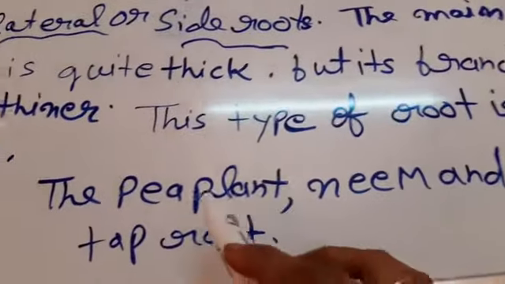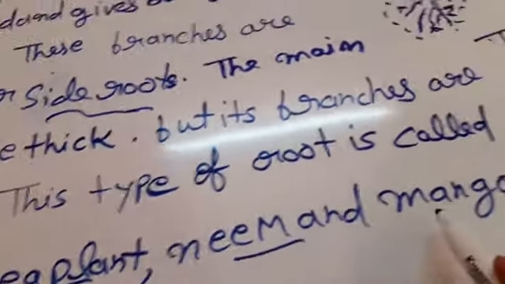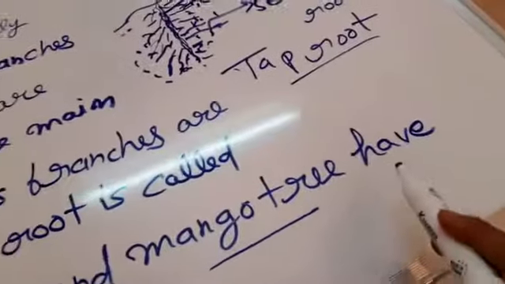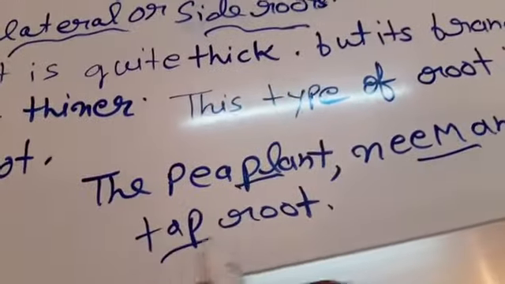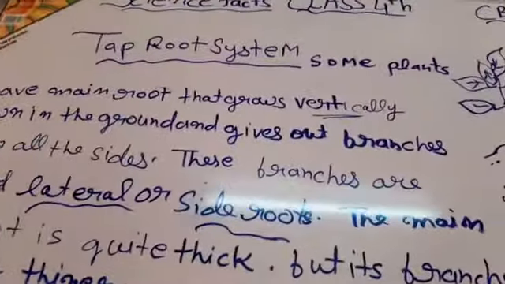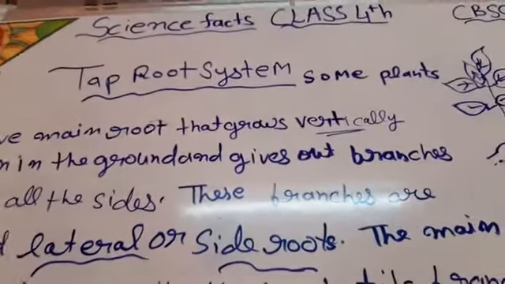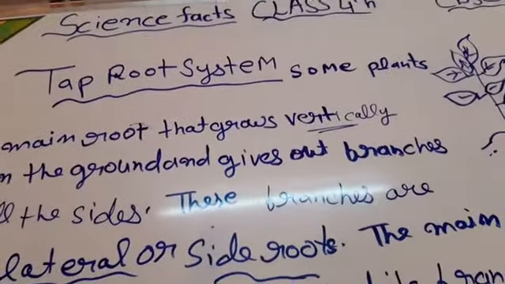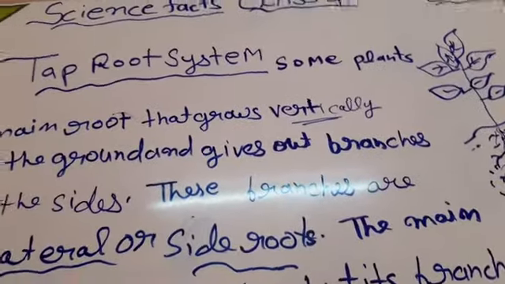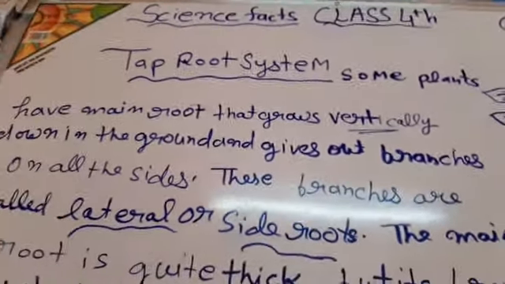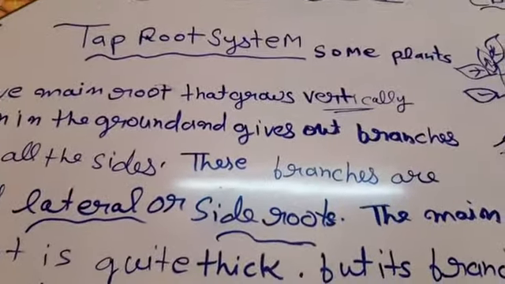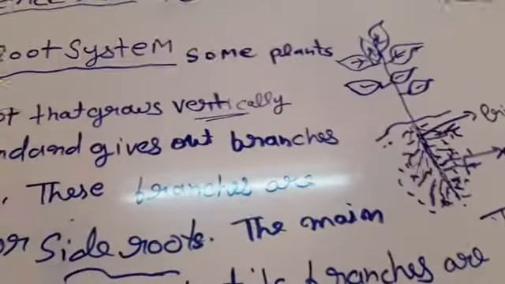The pea plant, neem and mango tree have a taproot. This content is taken from class 4, CBSE pattern. You can easily note it down and draw this diagram in your notebook.